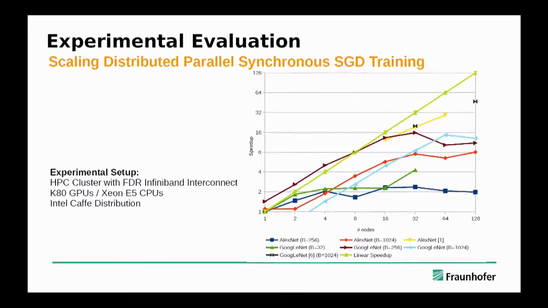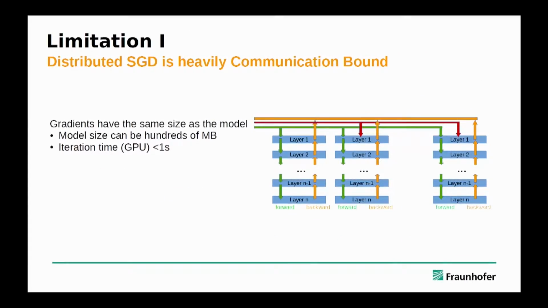The first reason actually is communication overhead. In this model, I have to transfer the model to all the workers and the updates back to the master node, so I have to communicate the size of the model twice.